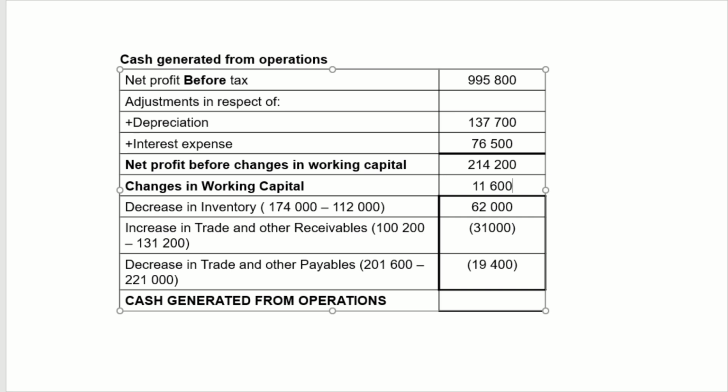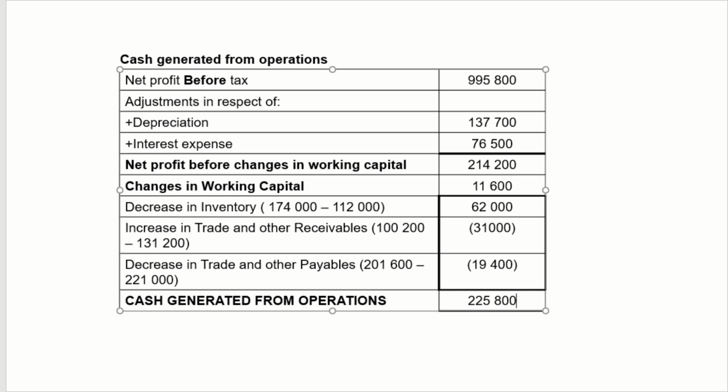Then you're going to get your 11,600 rands. After so doing, you add the net profit before changes in working capital to the changes in working capital of 11,600 rands, and you're going to get the amount as 225,800 rands.